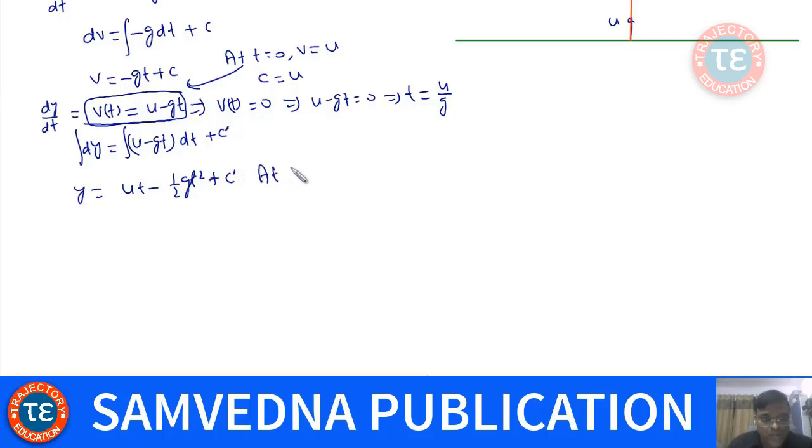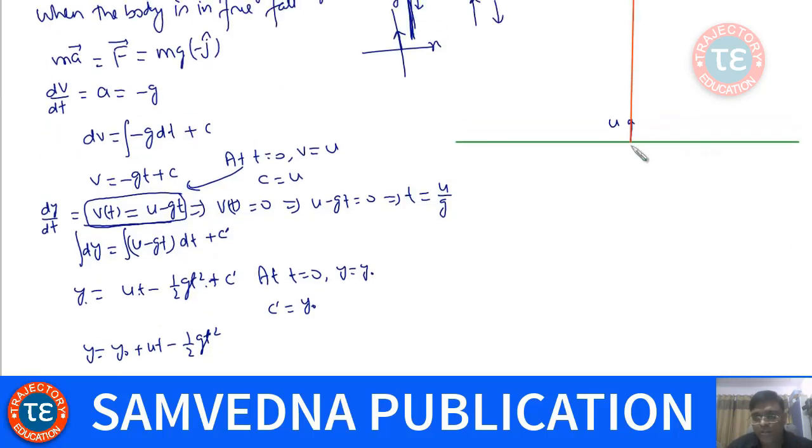Let's call this c dash. For evaluating this constant, you need to find the value of y at t equal to 0. Suppose at t equal to 0, y is y naught. Then you put t equal to 0 and y equal to y naught, so c dash becomes y naught, and y becomes y naught plus ut minus half gt square.